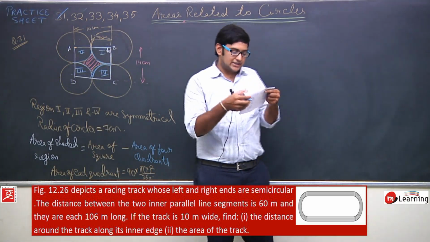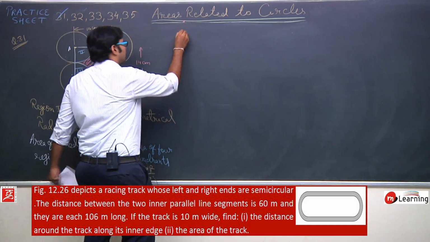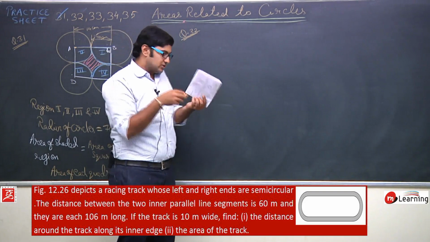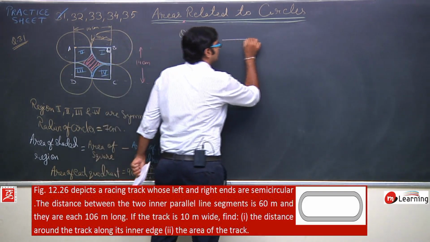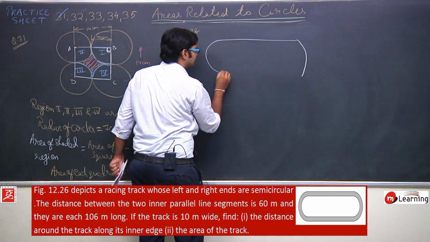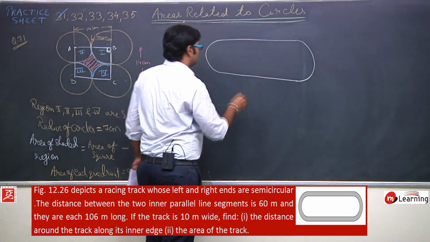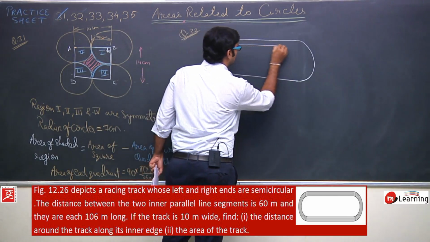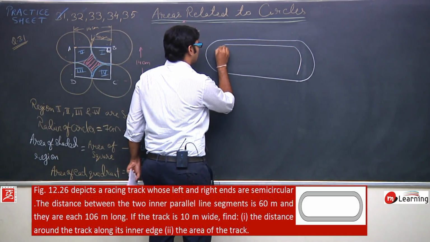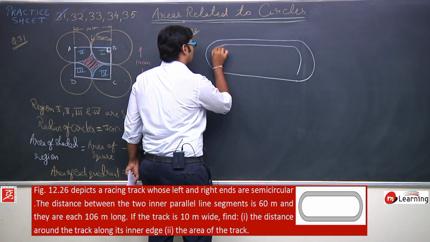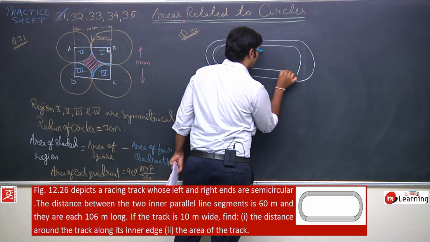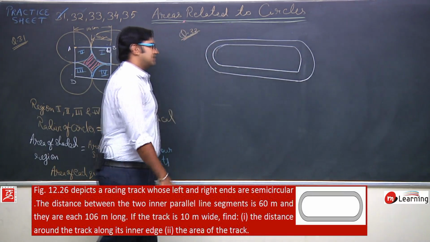So what it says is, question number 32, it says that there is a racing track. So first let us draw a racing track. The racing track is something like this. This is the racing track.